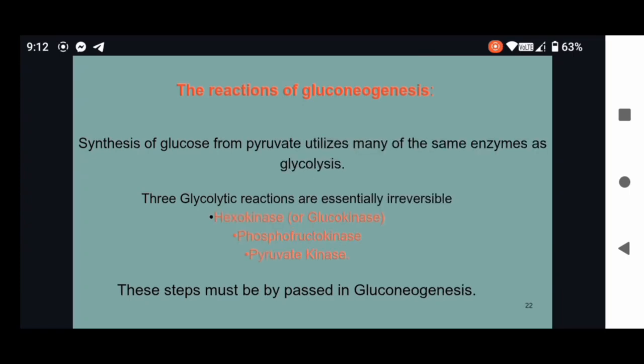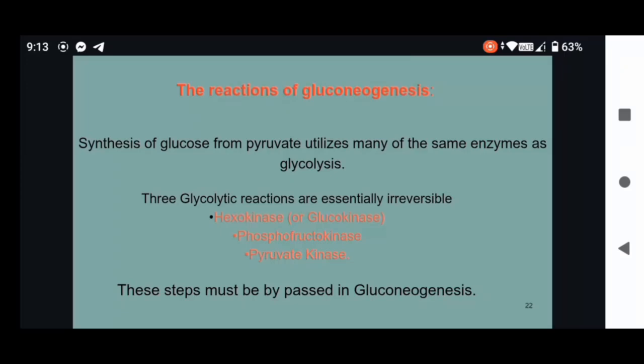The reactions of gluconeogenesis. Synthesis of glucose from pyruvate utilizes many of the same enzymes as glycolysis. Three glycolytic reactions are essentially irreversible: hexokinase or glucokinase, phosphofructokinase, and pyruvate kinase. These steps must be bypassed in gluconeogenesis.